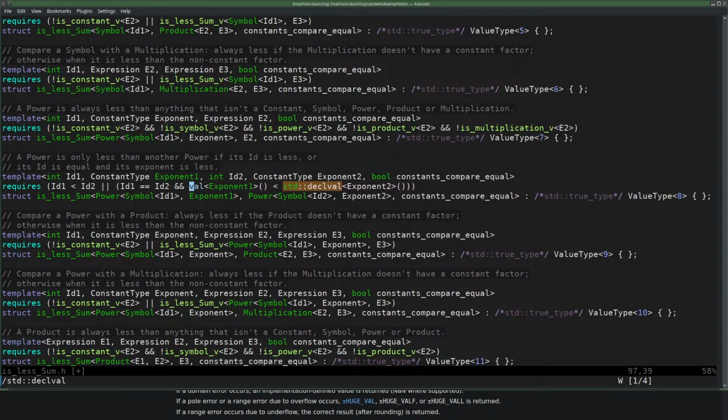I think I can use, or should be able to use, is less sum for exponent 1 and exponent 2.